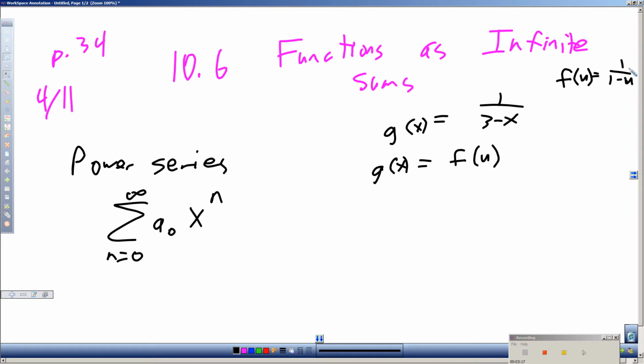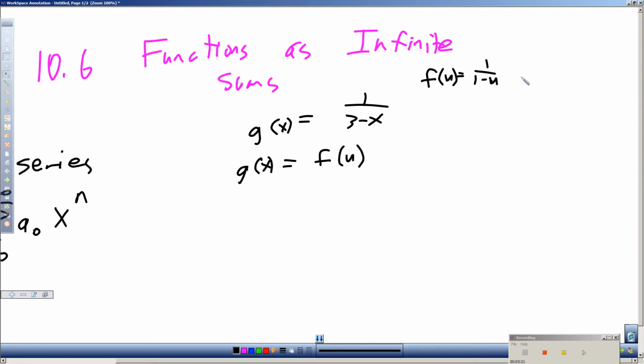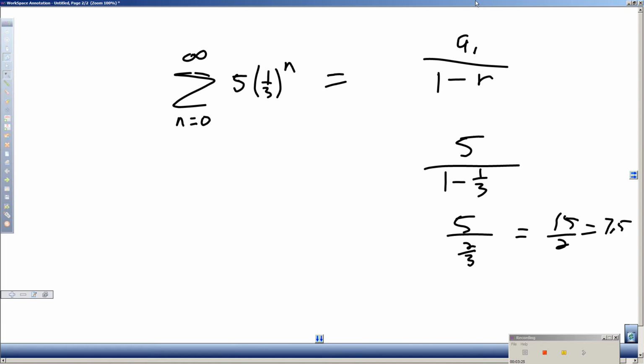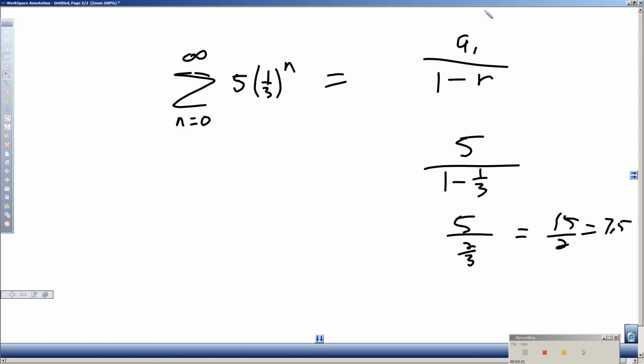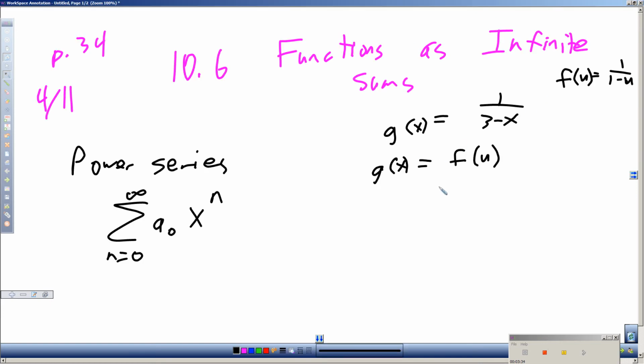Does this look familiar? This is our basis. So we want to say 1 over 3 minus x is equal to 1 over 1 minus u. And now we're going to solve this equation for u. We can just flip each side, so 3 minus x equals 1 minus u.